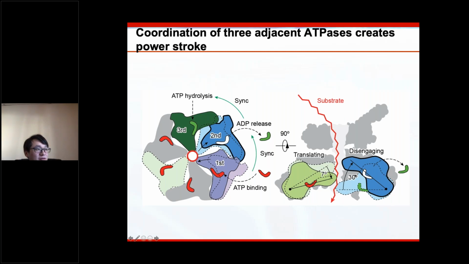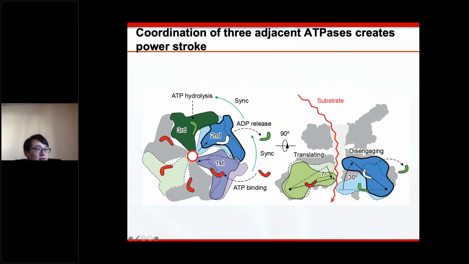Then after this nucleotide release, when it actually binds ATP, it is going to make the whole ATPase become more rigid, and in which case it only triggers like 7 degrees of motion overall.